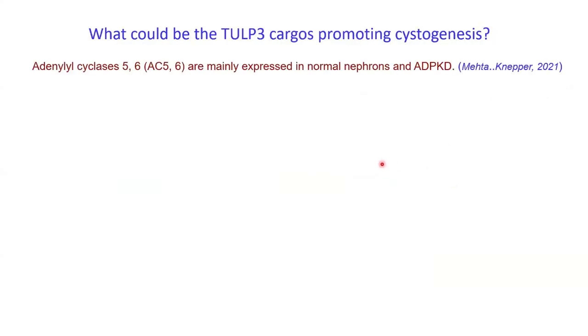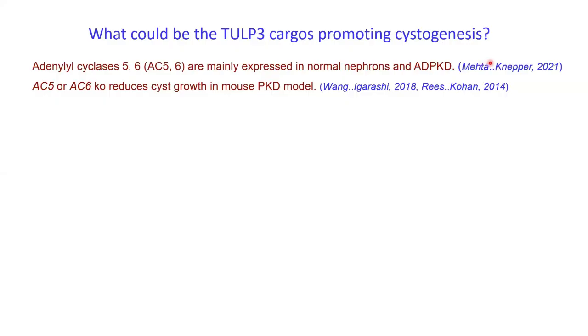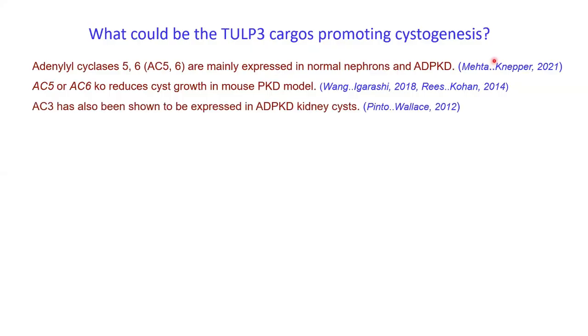So Nephros lab showed adenylyl cyclases AC5 and 6 are mainly expressed in normal nephron and ADPKD. Igarashi lab and Cohen's lab showed loss of AC5 or 6 reduces the cyst growth in mouse PKD. And Wilson's lab showed that AC3 is expressed in ADPKD kidney cysts.